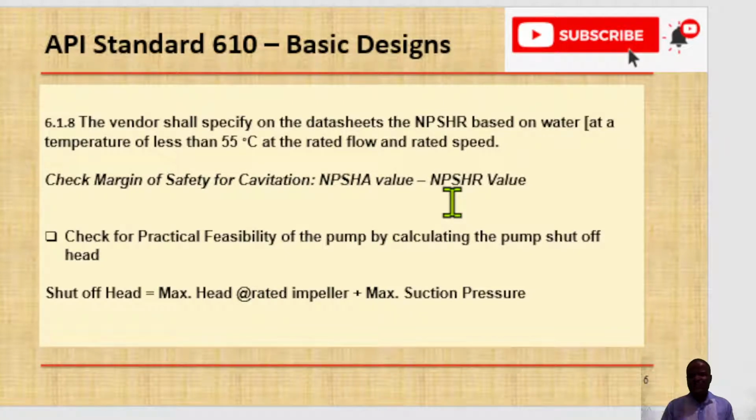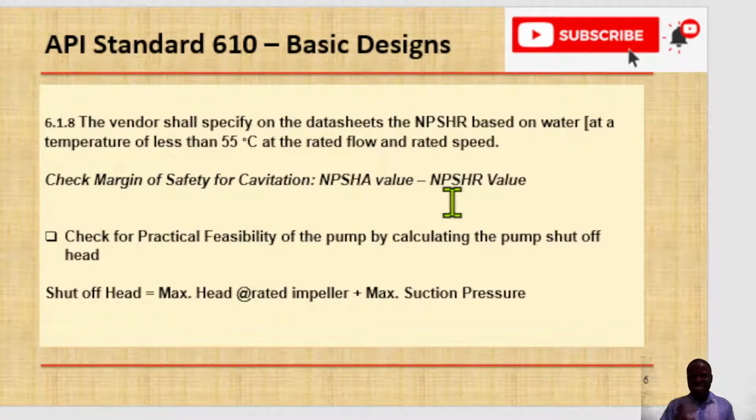So as per API 610, which is the standard governing the basic design of centrifugal pumps, it is expected that the vendor shall specify on the data sheet the NPSH. Don't forget, you as a purchaser must have specified the NPSH, which is your system characteristic, on the process data sheet.